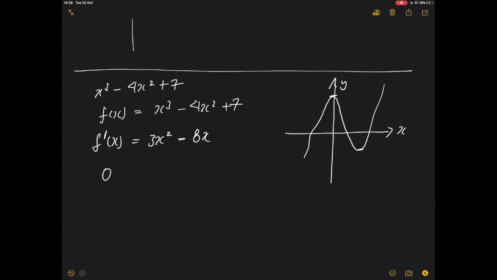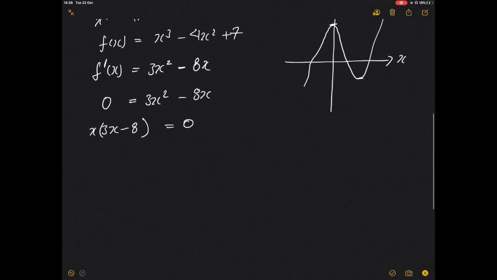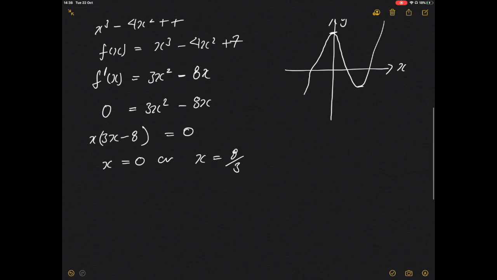Well, we can say 0 equals 3x squared minus 8x. If we factorise, we have an x and a 3x minus 8 in here, and that would equal 0. So x would have to equal 0, or x would have to equal 8 over 3.